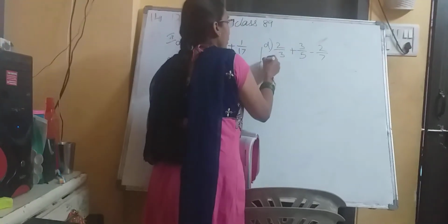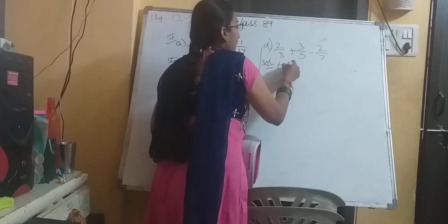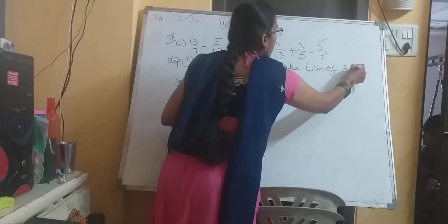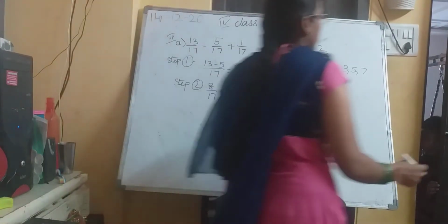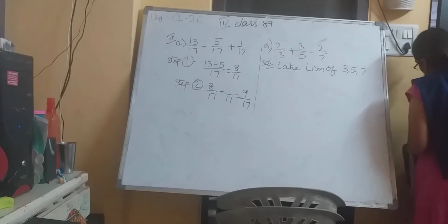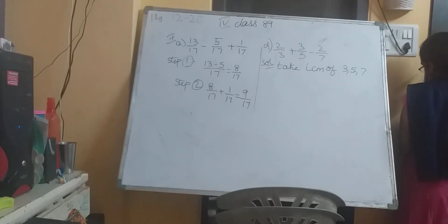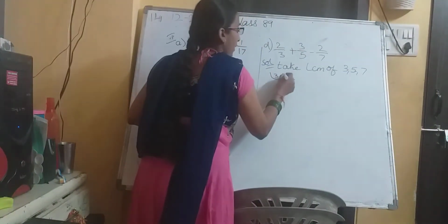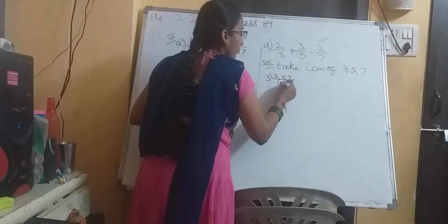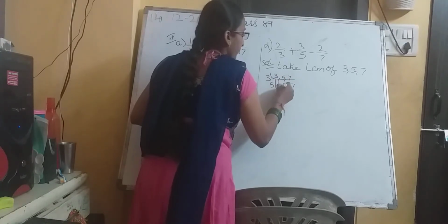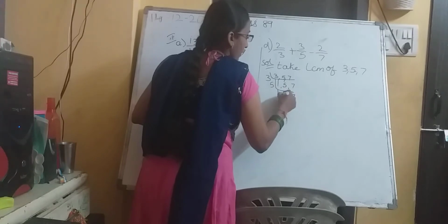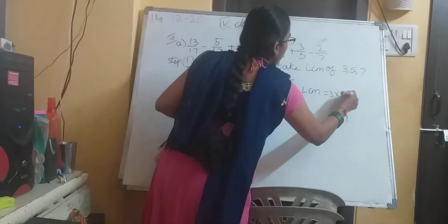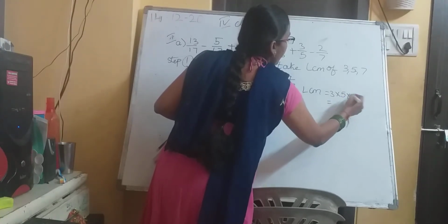First, take the LCM of 3, 5, 7. 3, 5, 7: 3 table. 1, 5, 7: now 5 table. 1, 1, 7: now 7. 1, 1, 1. LCM is equal to 3 into 5 into 7. 5 3s are 15. 15 7s are 105.